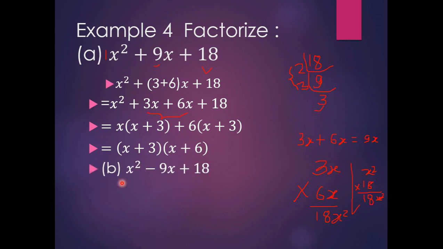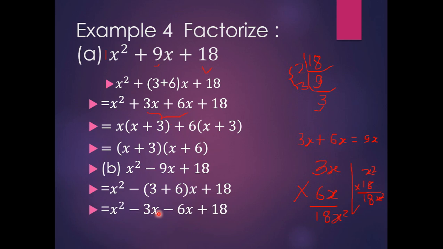Now another trinomial. This is also the same type, but here there is a minus sign. To get minus 9x while adding and 18x square while multiplying, we can take minus 3x and minus 6x, so that while adding it will be minus 9x, and the product of minus 3x and minus 6x is 18x square.